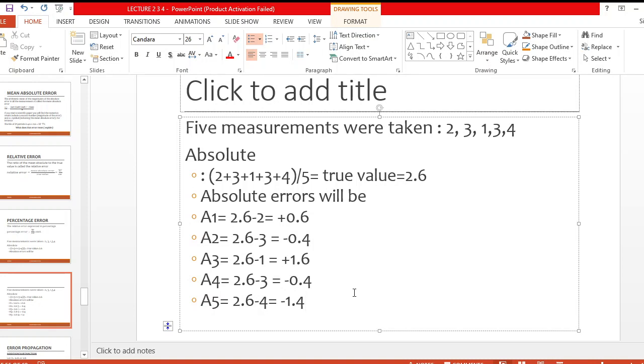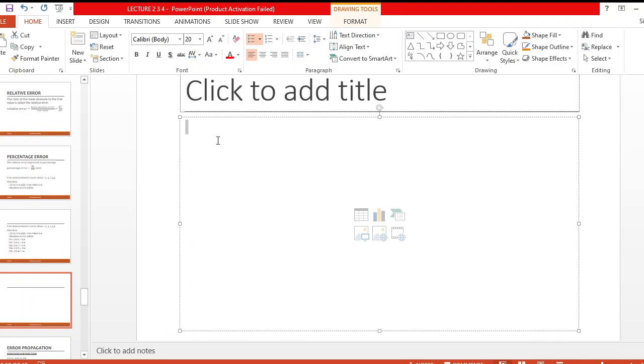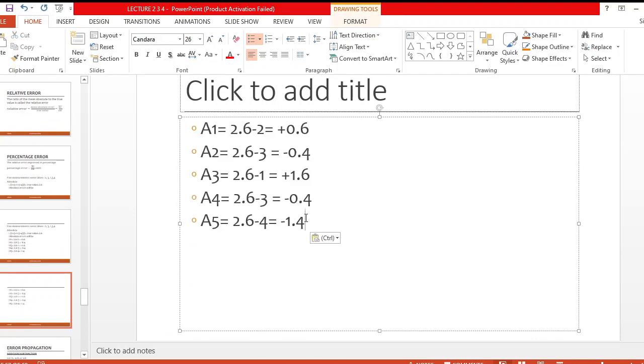So these numbers which we have written here, these numbers are what we are calling absolute errors. Now, to find the mean absolute error, I'll copy all these numbers so that we should see them in the next slide. The mean absolute error, we will take these absolute errors, but now in their positive form.